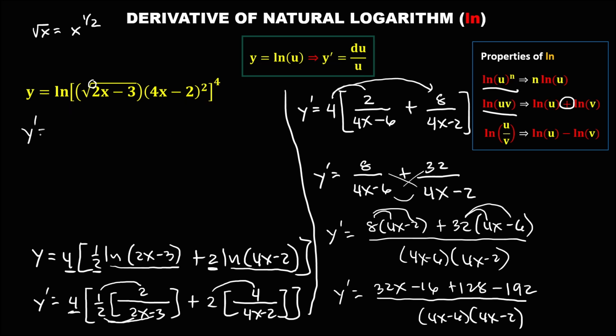Then to simplify, combine like terms, so 32x and 128, this one is 160x, then negative 16, negative 192, so this is negative 208. Then over, just copy the denominator, 4x minus 6 times 4x minus 2.